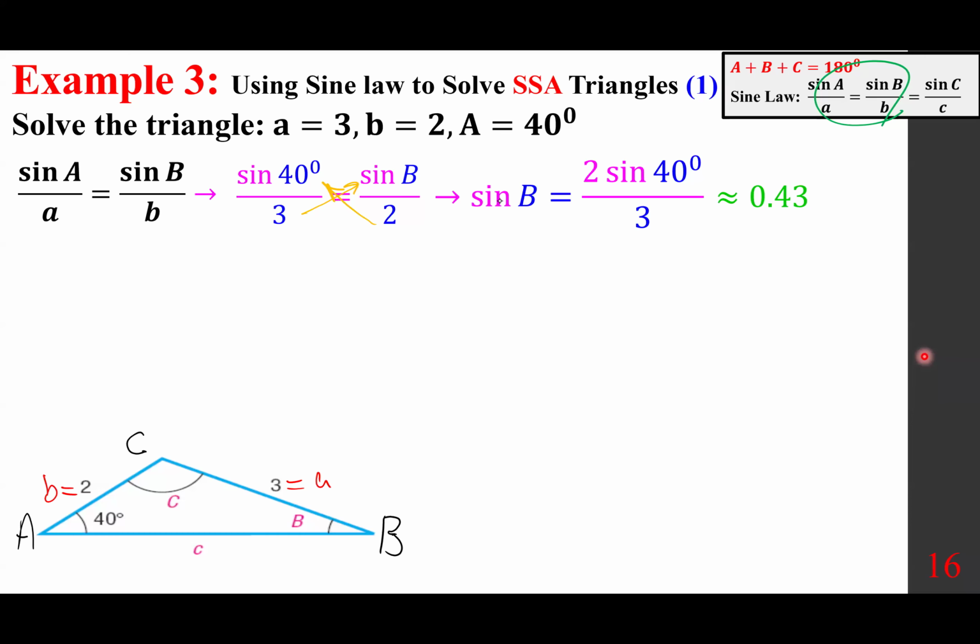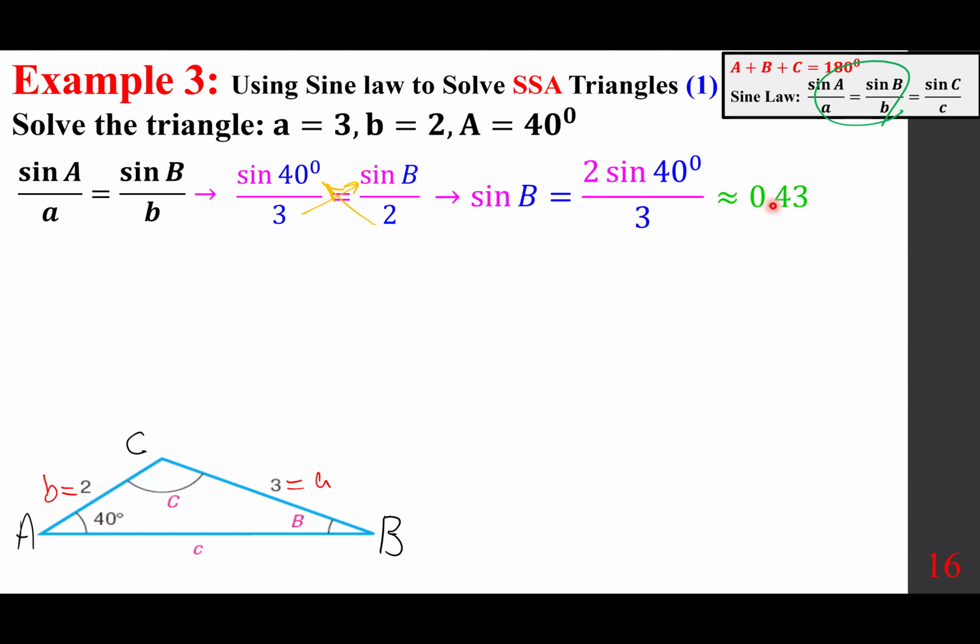Because sine B is given, then B would be sine inverse of this number. Everybody remembers sine is positive in the first as well as the second quadrant, and in both cases the angle is less than 180 degrees. So there are two possibilities.